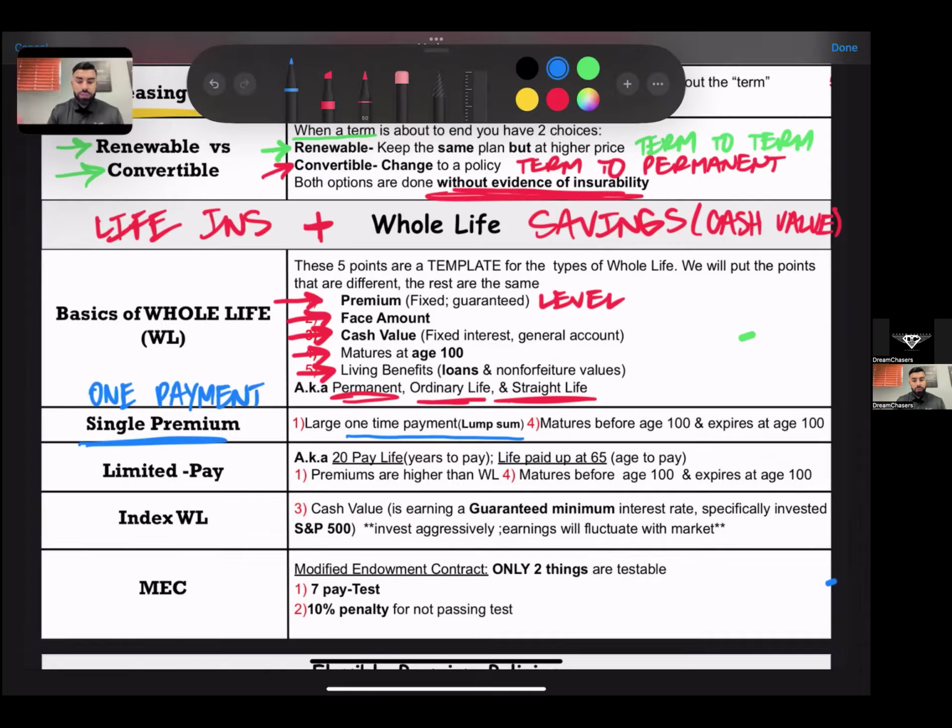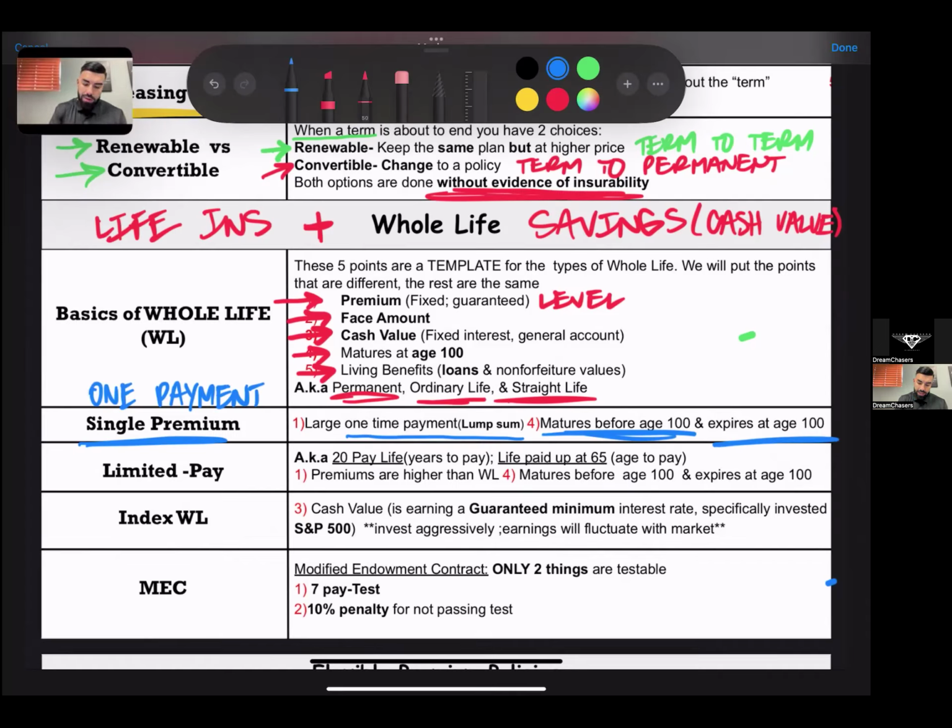But she's going to be covered till age 100. The coverage will expire at age 100. But the biggest, most important thing to remember about a single premium whole life policy is that it is made with a one-time lump sum payment.